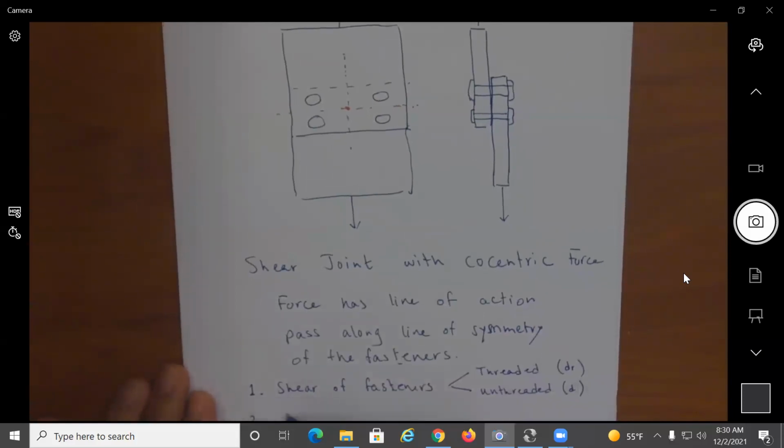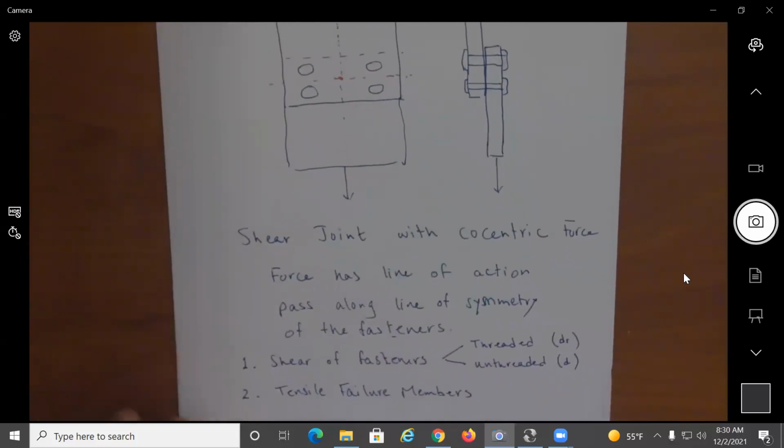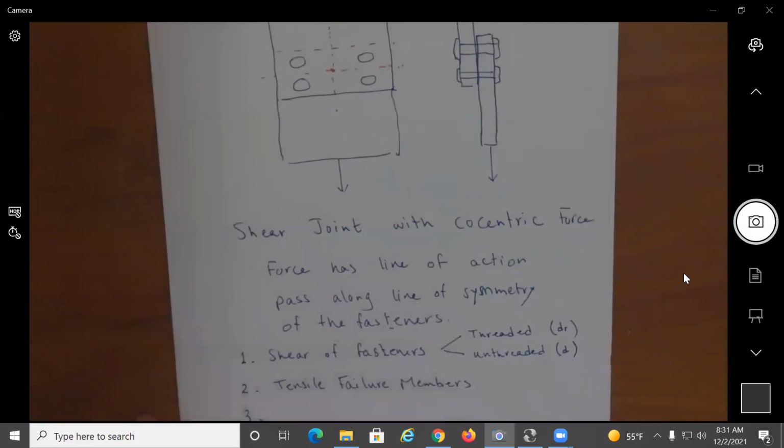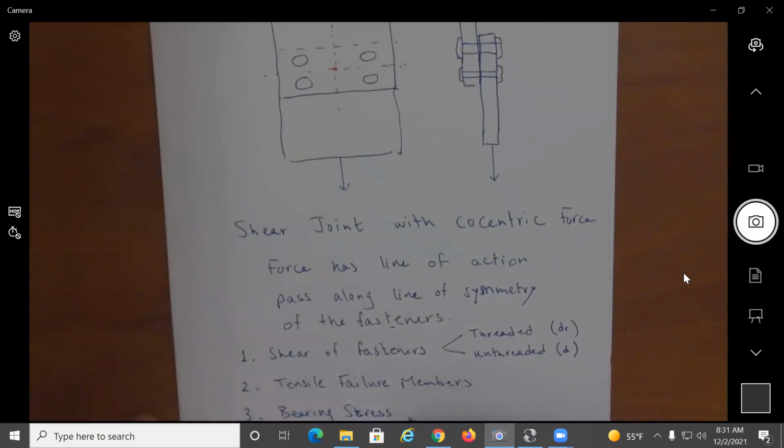We also checked for the tensile failure of the members that are connected. We then checked for the bearing stress. And also when we looked at the bearing stress, we look at whichever is weaker, the members or the fasteners themselves.